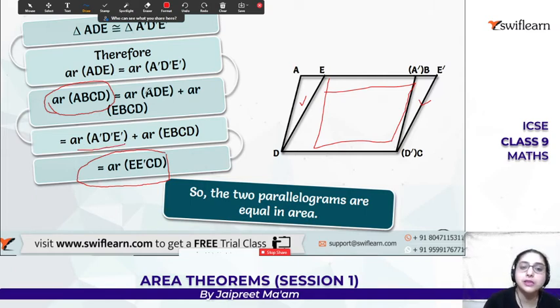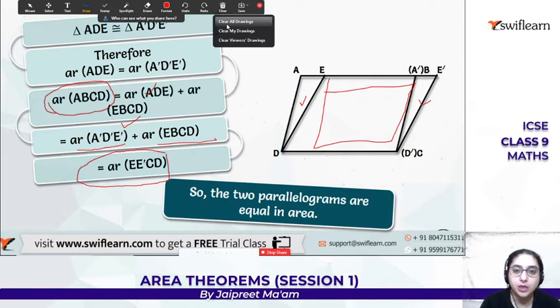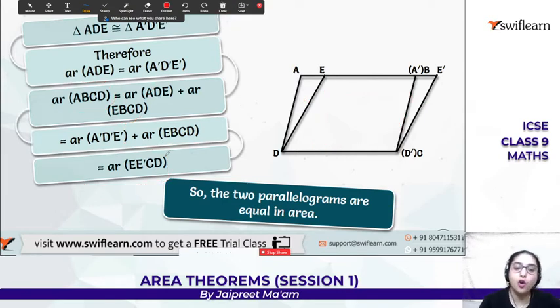How? Because these are congruent, plus the area of EBCD is equal to the area of E'CD. So we have found that the two parallelograms are equal in area. This was our first theorem.